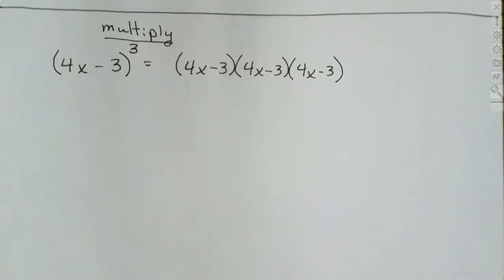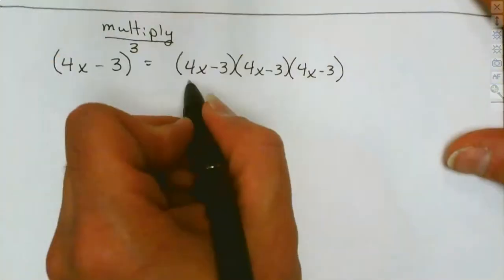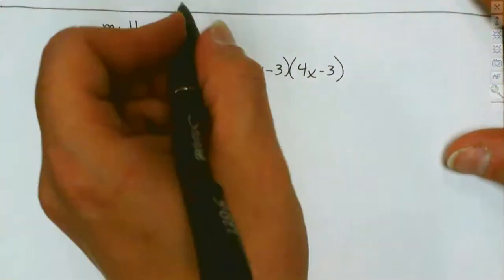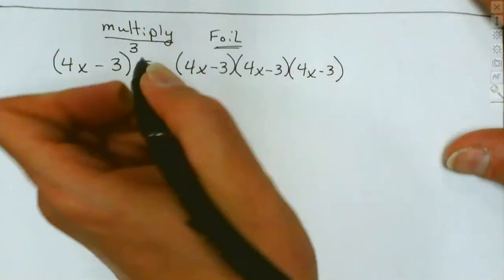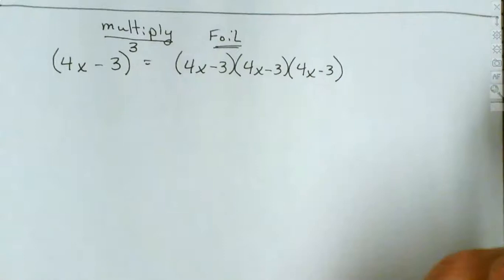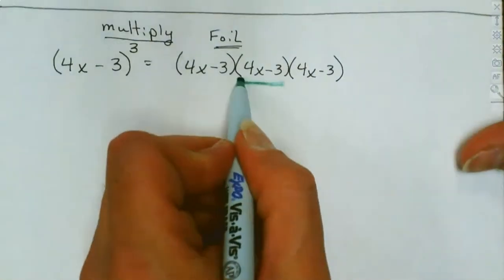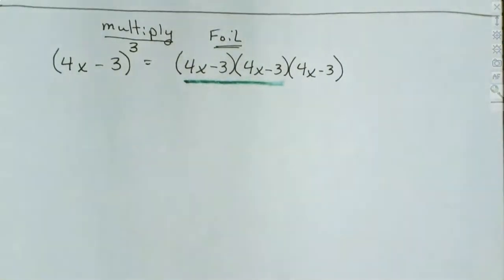So we're going to take these first 2 here and we're going to FOIL. So these 2 right here are going to be FOILed. Then we'll just bring down that 4x minus 3.